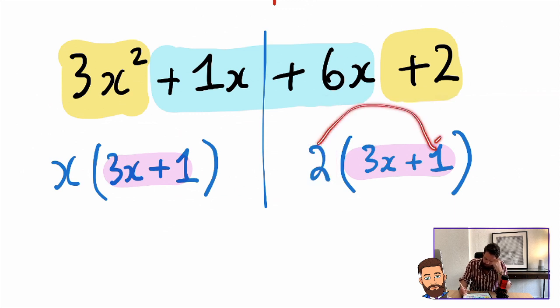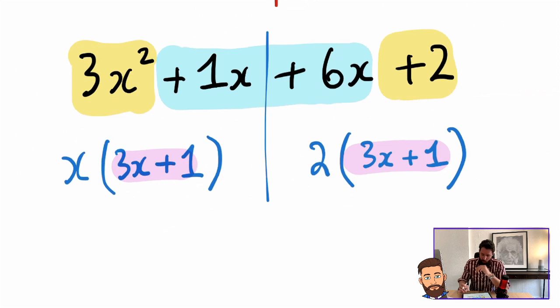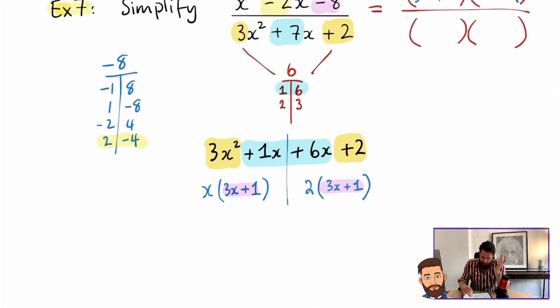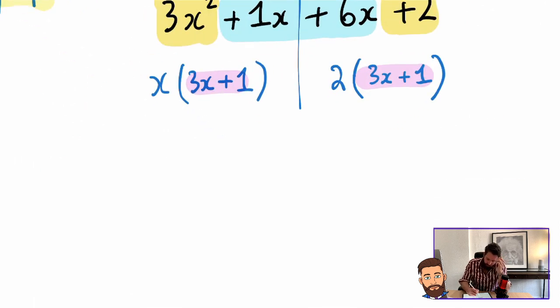What's 2 times 1? 2. So we're all good. It works. We're done now. We factorise this. Remember, once you get to this point, our two brackets are going to be the combined repeated bracket, so 3x plus 1 is one of the brackets.